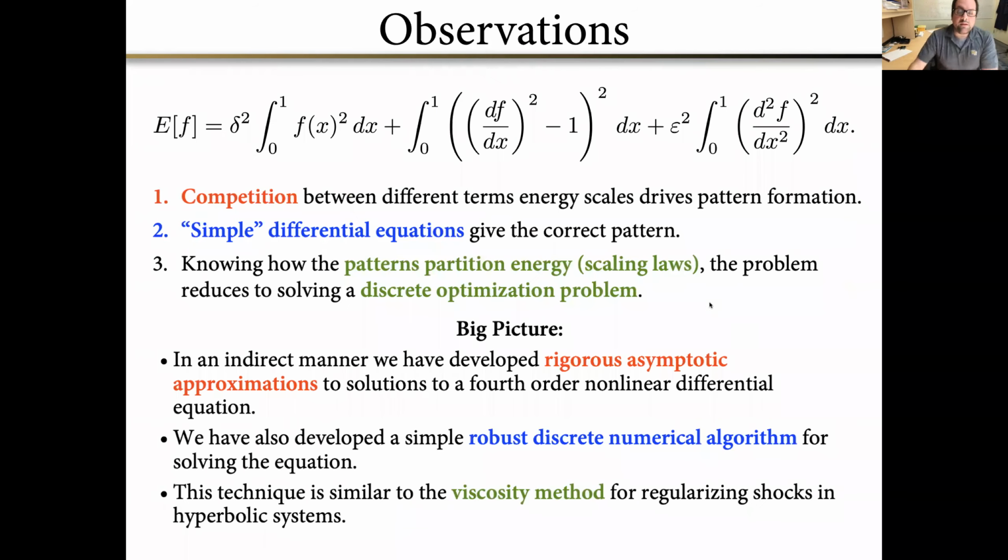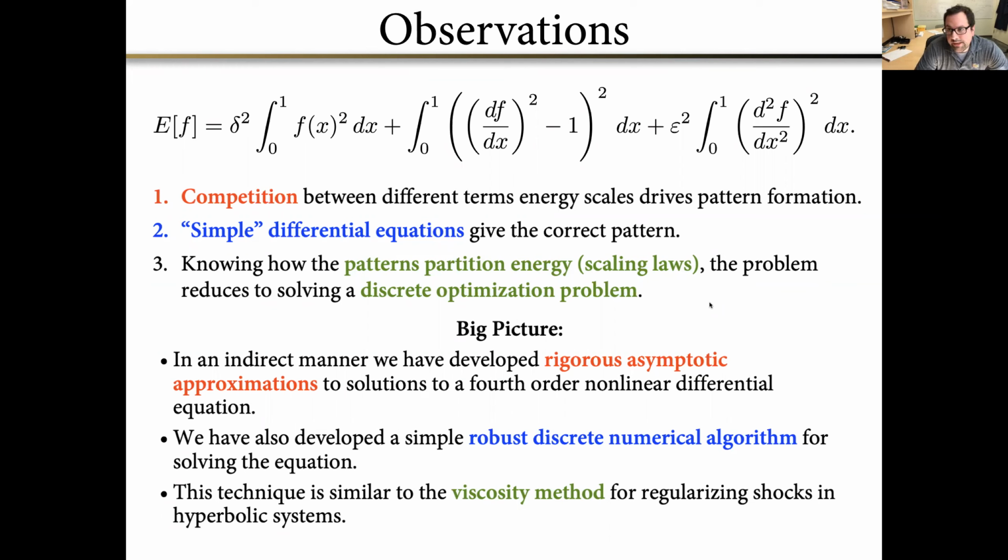Okay, so I just want to make some observations about the techniques I've been using before I jump into hyperbolic geometry. The key thing in analyzing this type of variational problem is the competition between different energies in the system.